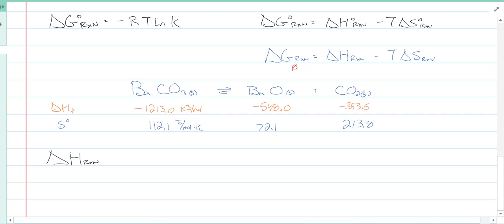So now we just got to do delta H of the reaction, which is going to be the sum of the formations of products minus the sum of the standard enthalpies of the reactants. And these are technically standard values. So we are technically using the standard values for this. We're assuming they don't change much.